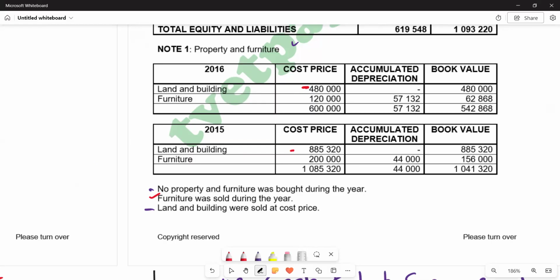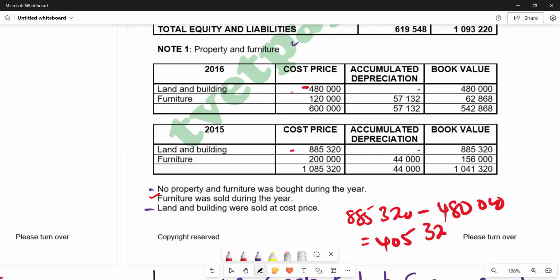In other words, we're saying 885,320, and then we subtract 480,000. And you see that the figure you're going to get there is 405,320. So this is the amount of land and buildings that we sold, at cost price.